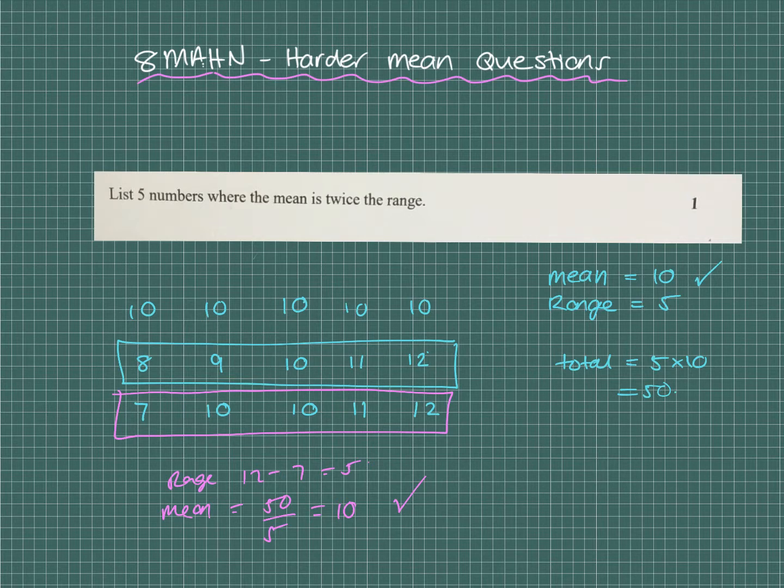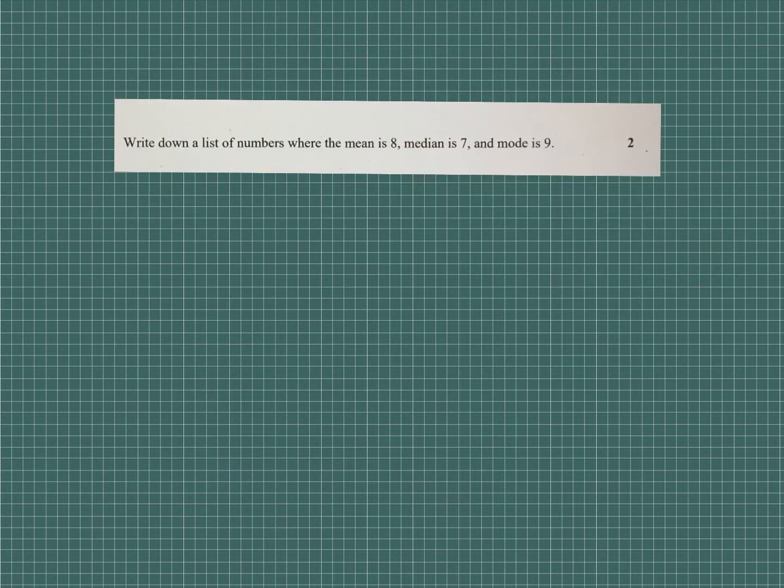Hopefully that makes a little bit of sense. Likewise, I could have changed this to a 13, but then I would have had to take a number away, for example, turning this into a 9. Again, lots of ways you could do these questions, but this is just one way that I've decided.